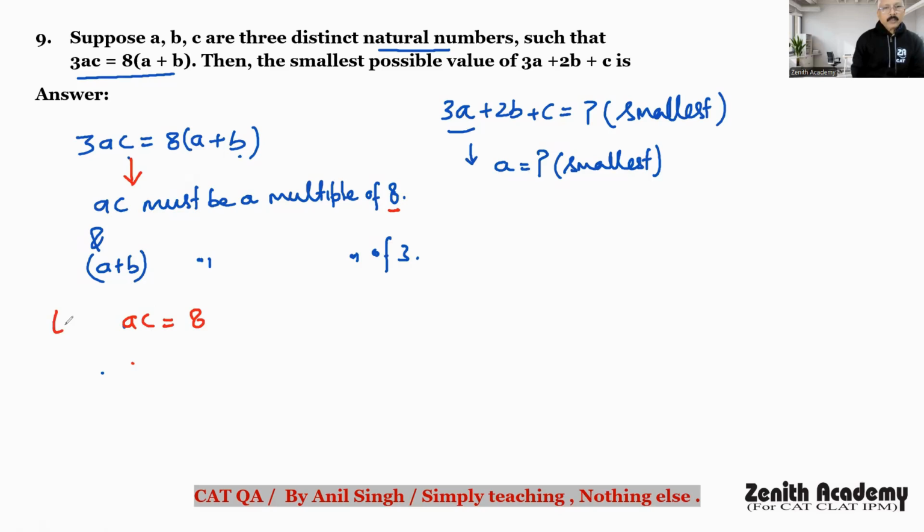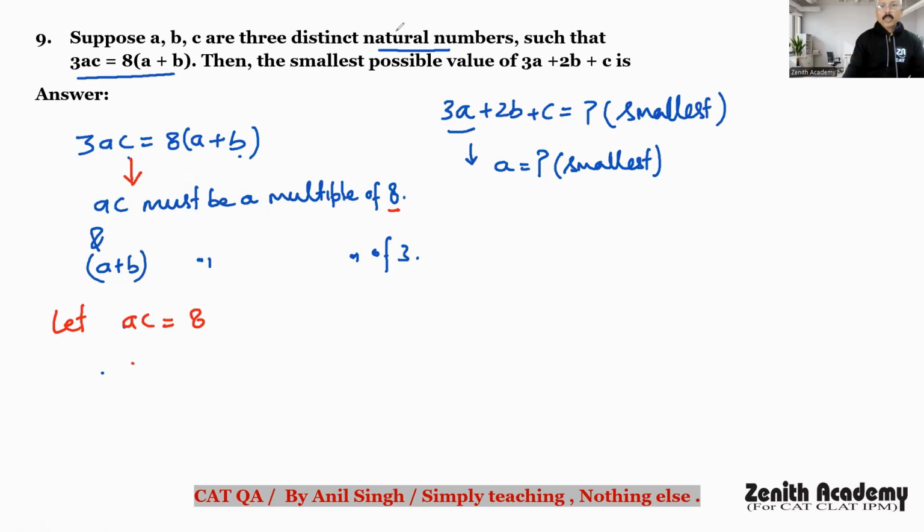It can further go 16, 24, 32, whatever, but since the smallest value of A is required, I am taking the first multiple of 8 for AC. Okay, let AC be equal to 8.